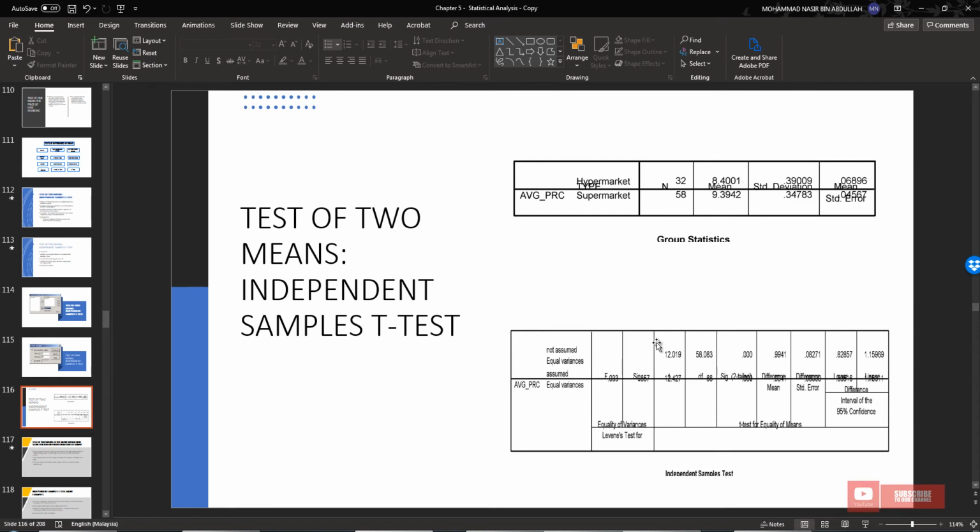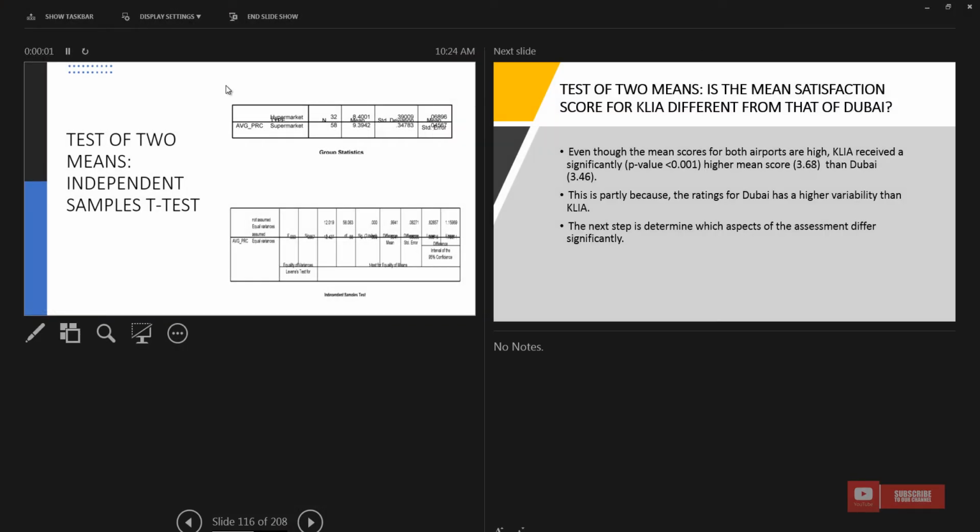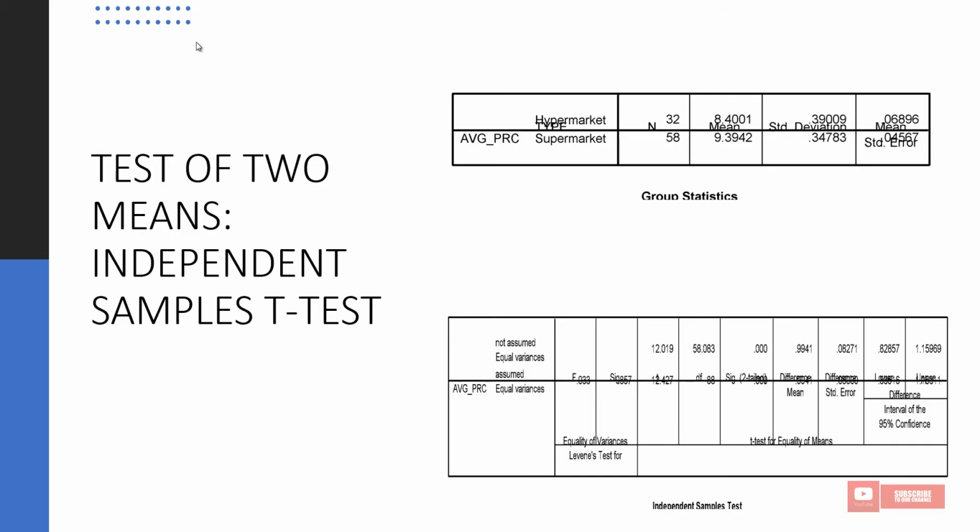And the first two columns here are about Levene's test. Levene's test is a test for equality of variance. So when the p-value for equality of variance, can you see? Let me enlarge it a bit. Yep. Can you see?